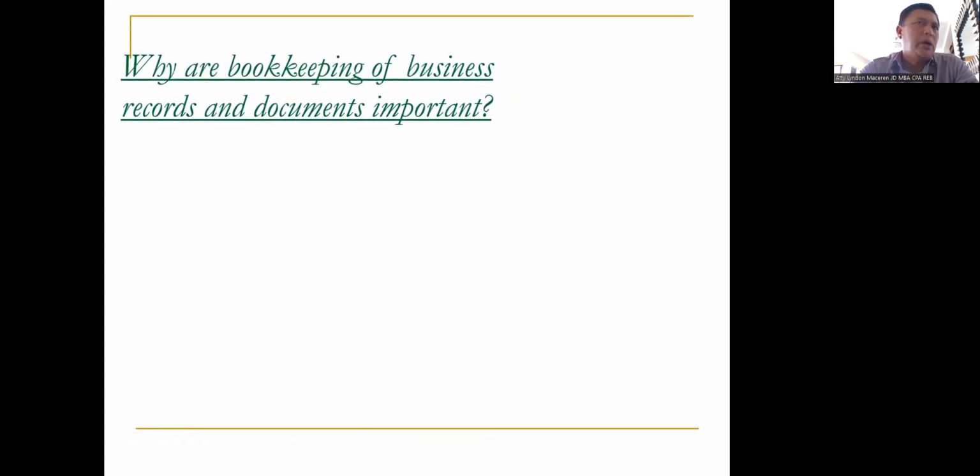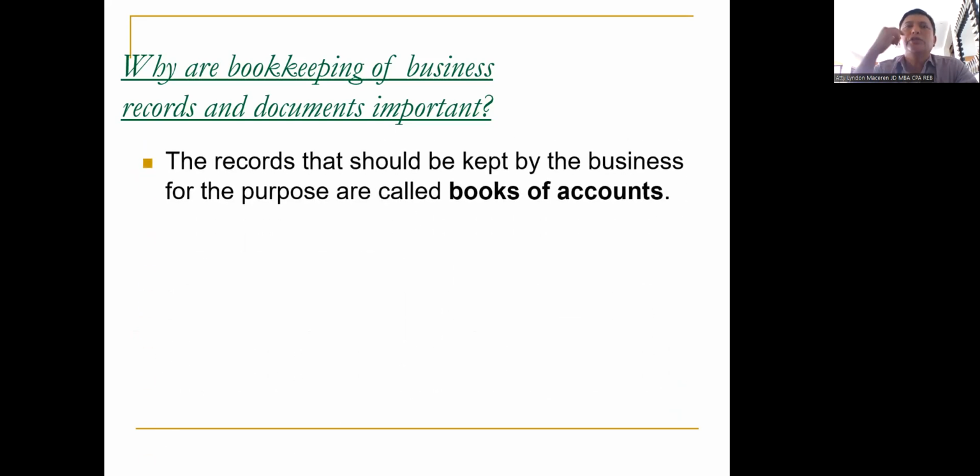Another question would be, why are bookkeeping of business records and documents important? First, the records that should be kept by the business for the purpose are called books of accounts. The books of accounts could be a general journal.